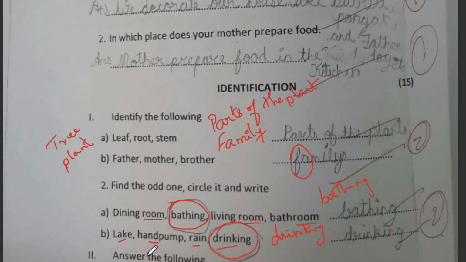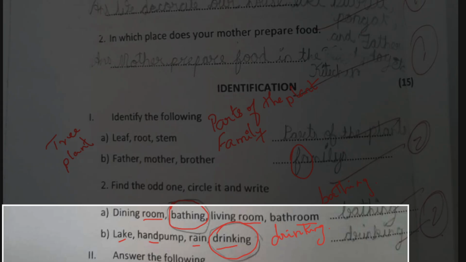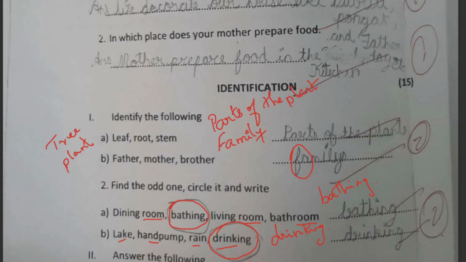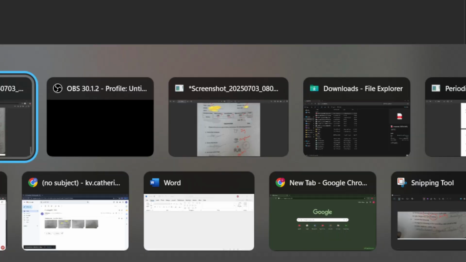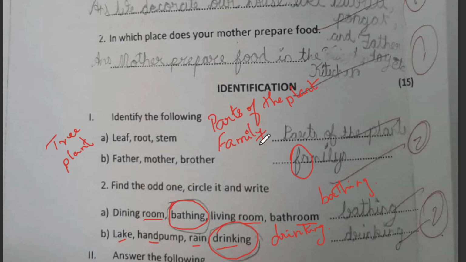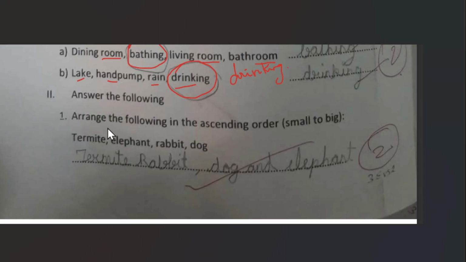Next, answer the following. Again, I'm going to take a screenshot of this because it's in very down page. Okay. I think this will be visible now. Okay. Next is, 1 minute, student. So next would be answer the following in ascending order, small to big. Okay, so we have given with termite, elephant, rabbit, and dog.